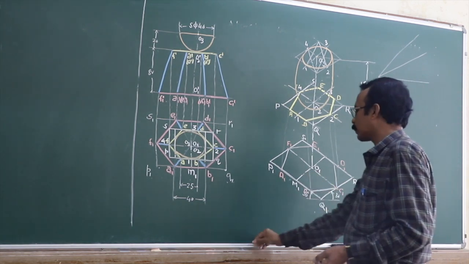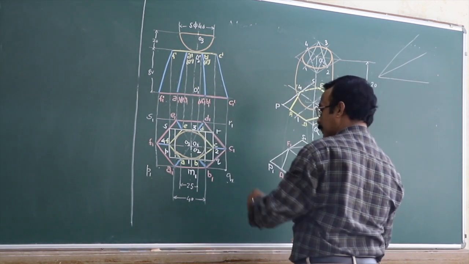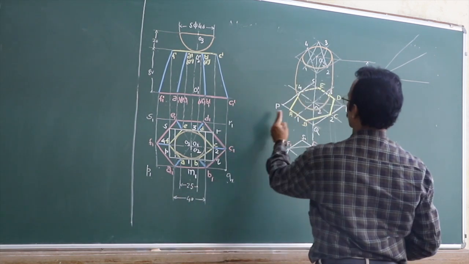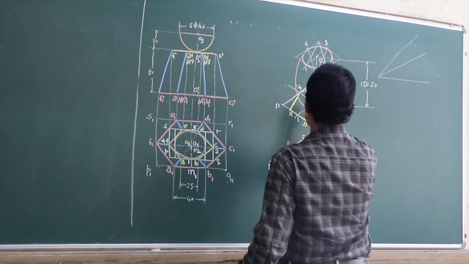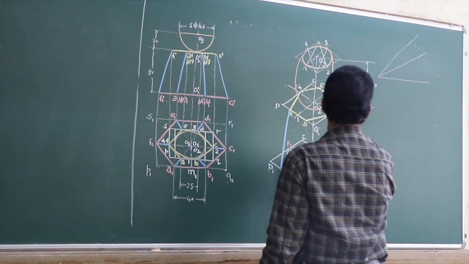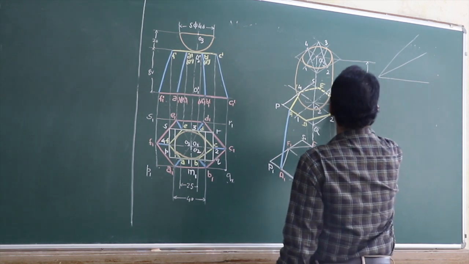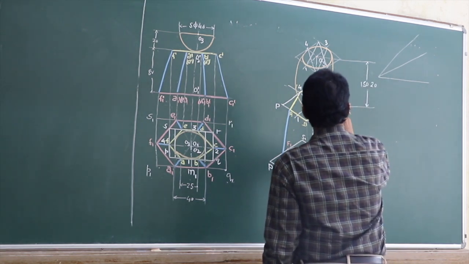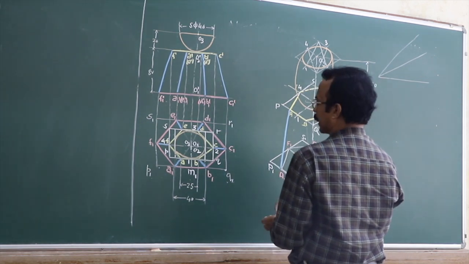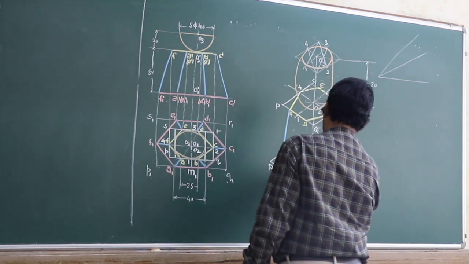Then coming to the slant edges, see, leftmost, top and left, top is over. Now take the leftmost, A1 will be leftmost and your D1 will be rightmost. Now this is the front portion.